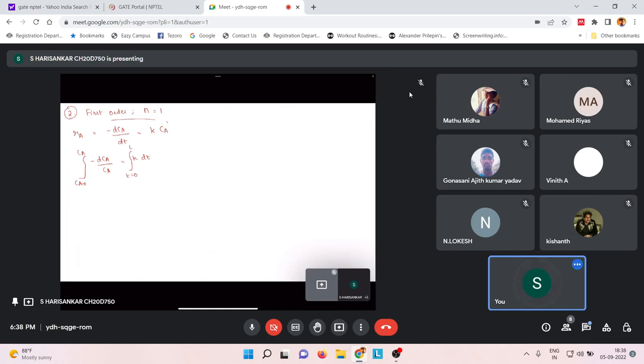We'll get minus ln Ca by Ca0 is equal to kt. Or if we take this minus term inside, we can write it as ln Ca0 by Ca is equal to kt.